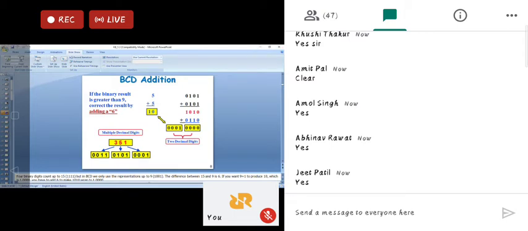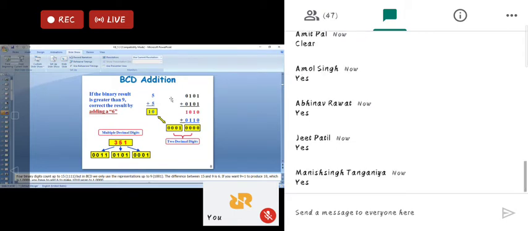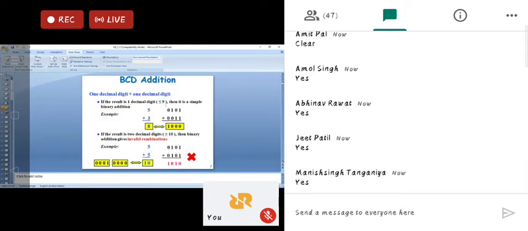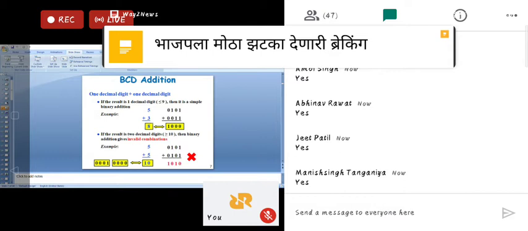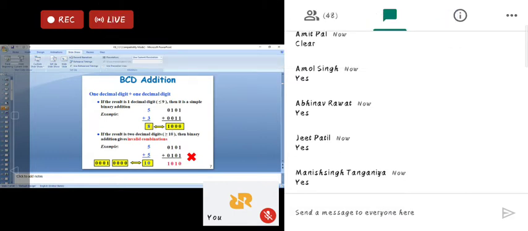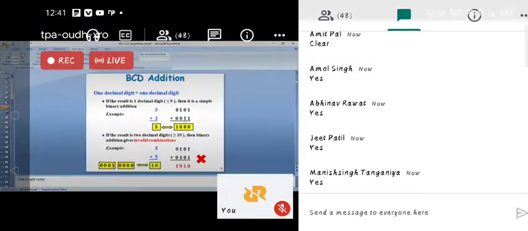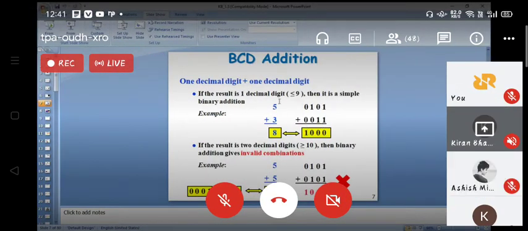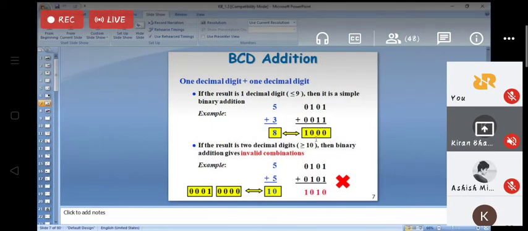As I said earlier, in earlier addition, 5 plus 3 is 8, there was no question. This answer was a valid BCD number; it is less than 9. Even up to 9, 5 plus 4, you will get 9, which is a valid BCD number.